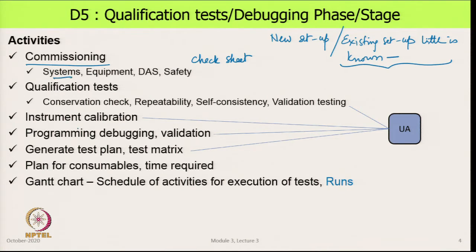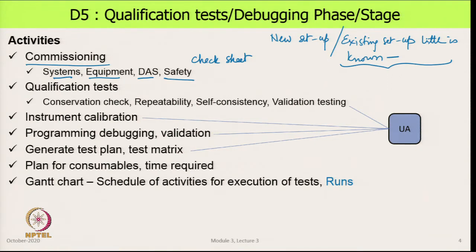We check out every system, we make sure every equipment is correctly connected and ready to operate. We make sure that the data acquisition system, which is all the instruments, electronics, computers, are all connected correctly, and we are also clear of what safety precautions we have to take while operating this.